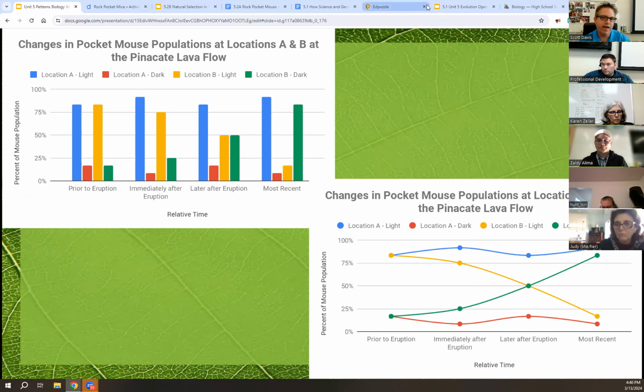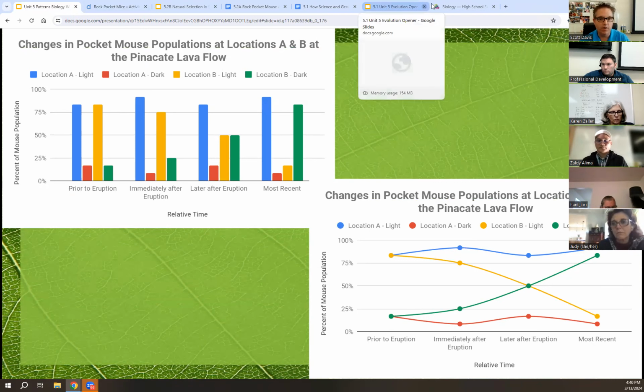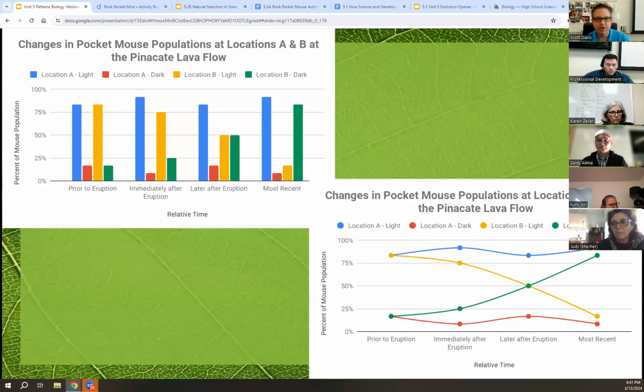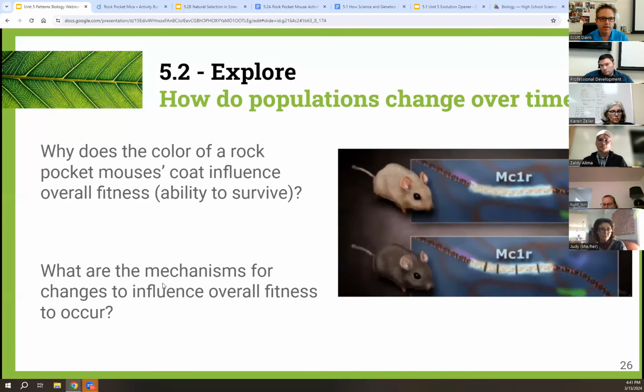So the line graph actually helps students see, oh, not only is there a change in the phenotype based on a change in the gene caused by a change in the environment, but there's also a limit regardless of how many mice can actually exist in this particular area.